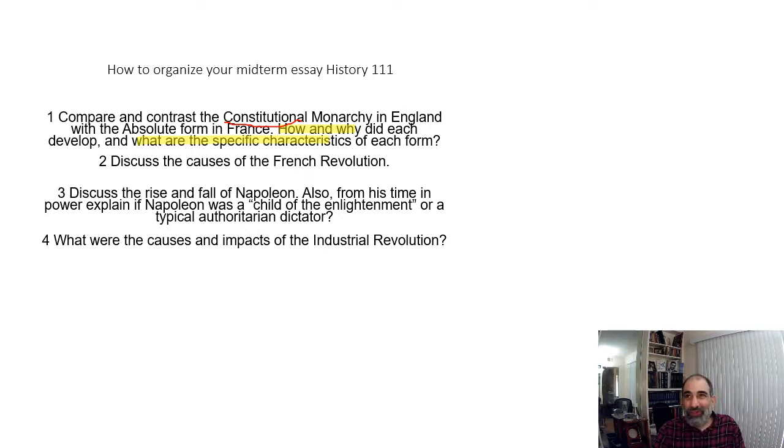Now, I will say this, I don't really ding students points if you don't get time to do a conclusion. It's nice to have one, but if you're running out of time, I'd rather give you more context and more detail in the actual essay than worry about the conclusion too much, right? But definitely if you have time, you can include it. But that's how I would organize essay number 1.